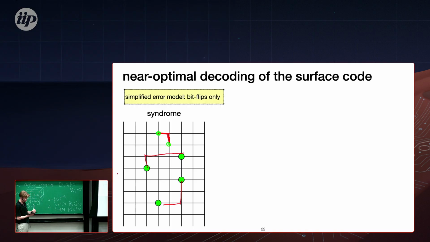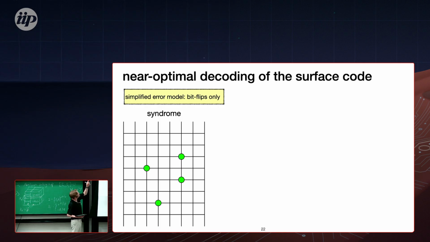Because if we then place these bit flips here, this error will have the same syndrome as the syndrome we have measured, and the correction that we apply will put us back to the code space. So there will be no more syndrome left. Okay, this is not necessarily the best strategy.